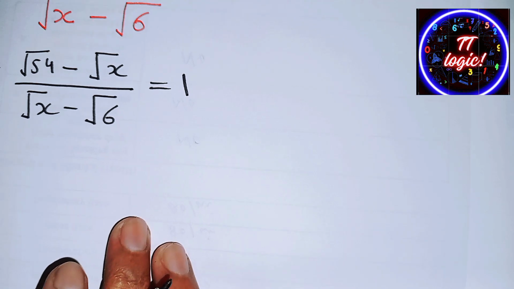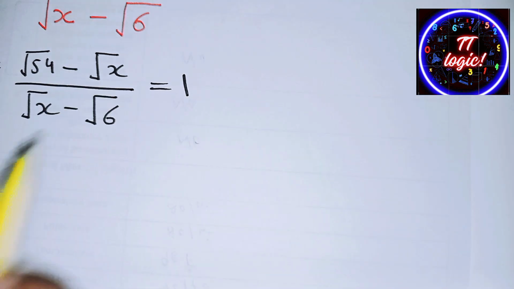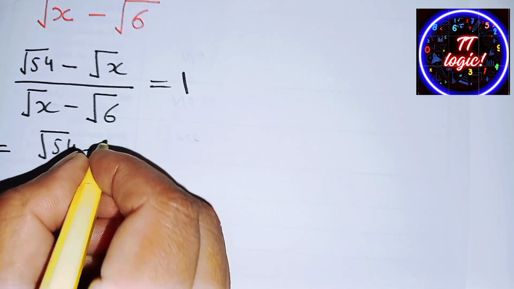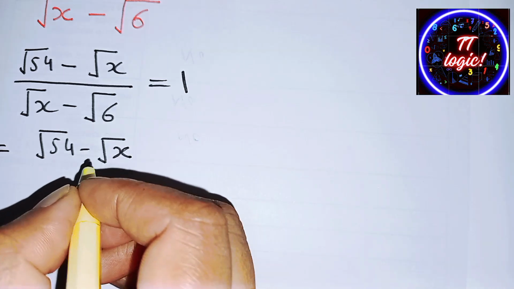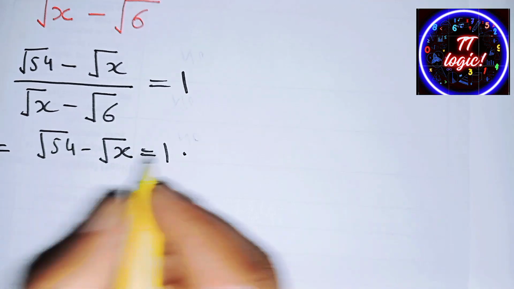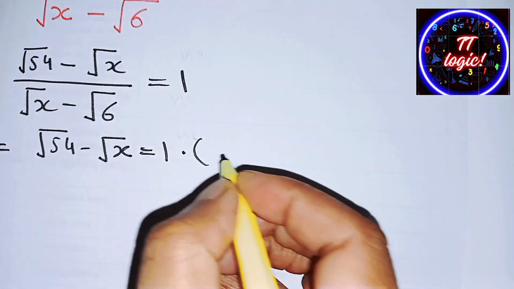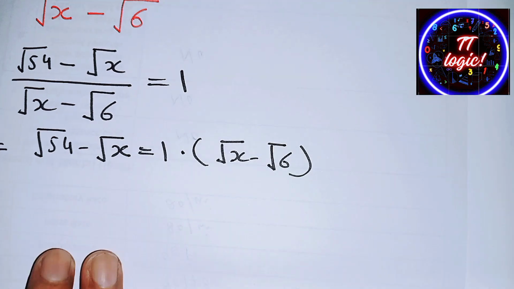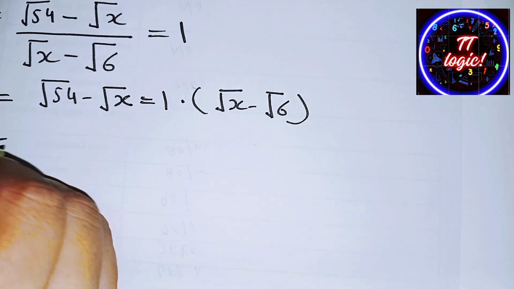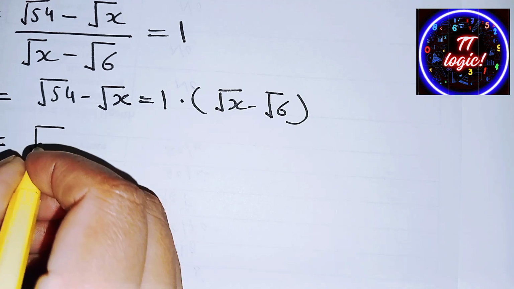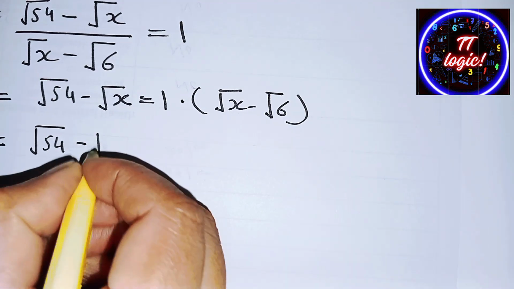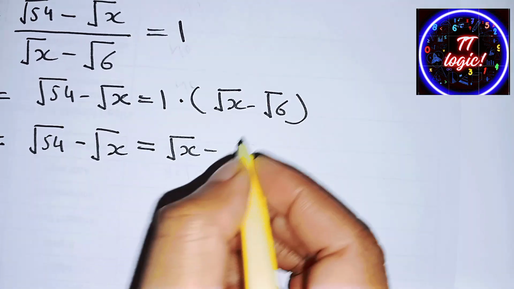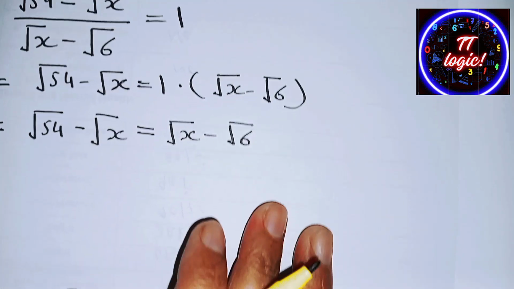First we multiply both sides by the denominator, so we can write √54 − √x = 1 times (√x − √6). So √54 − √x = √x − √6.